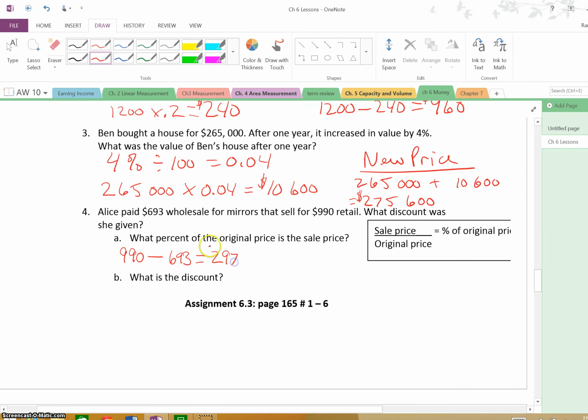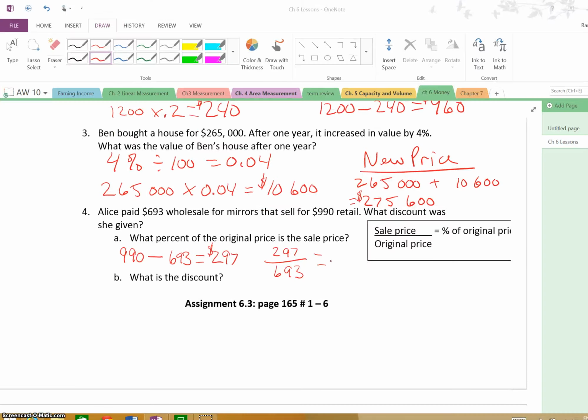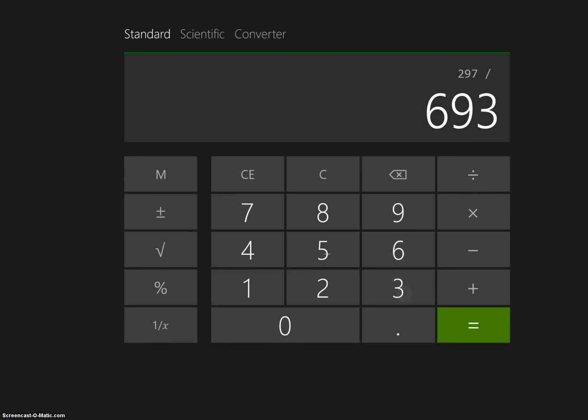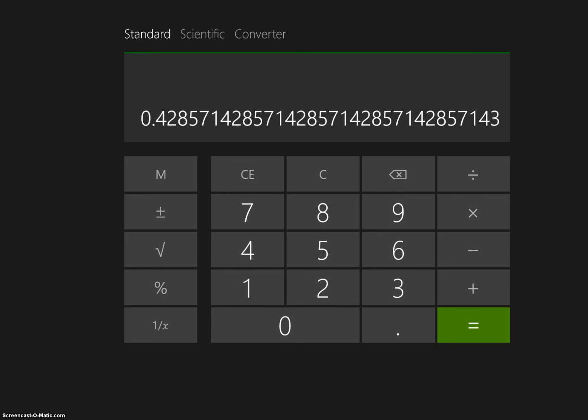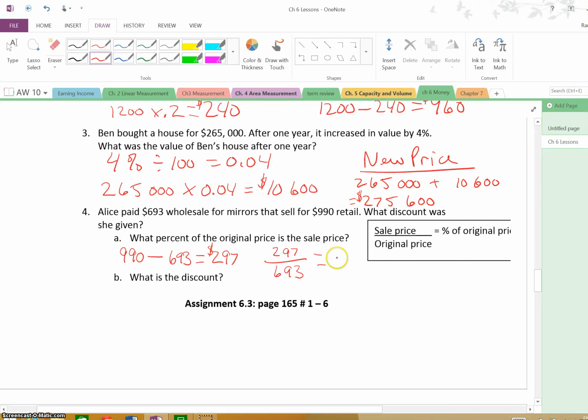So to find out what percentage that is, I'm going to take 297 and divide it by the 693. So 297 divided by 693 is 0.43.